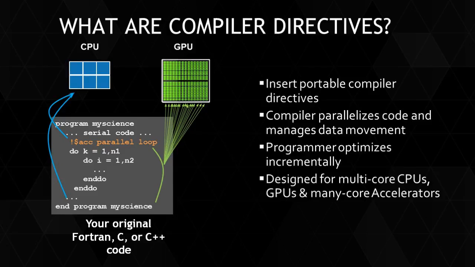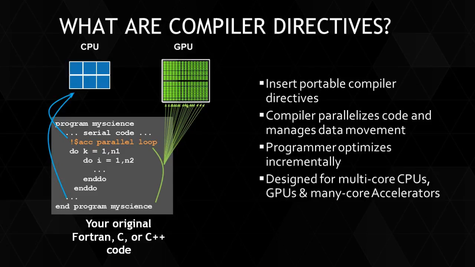Take your existing code, add additional information using directives in Fortran or pragmas in C and C++, and the compiler will do a lot of the heavy work of figuring out how to parallelize that code and what data needs to be moved to the GPU, and all of that is handled for you by the compiler.